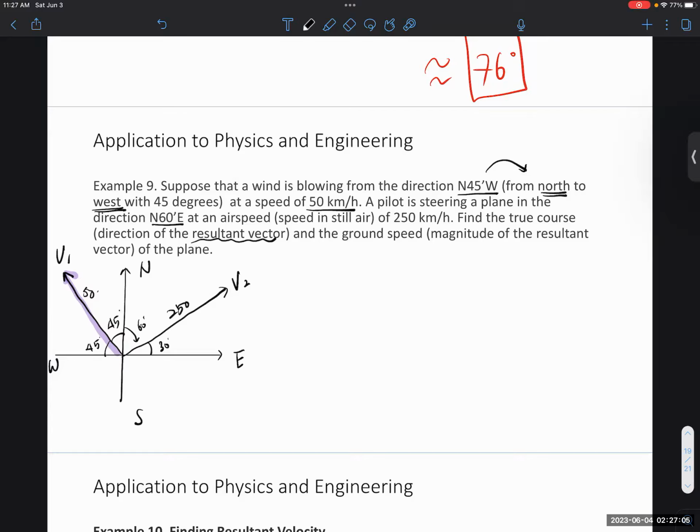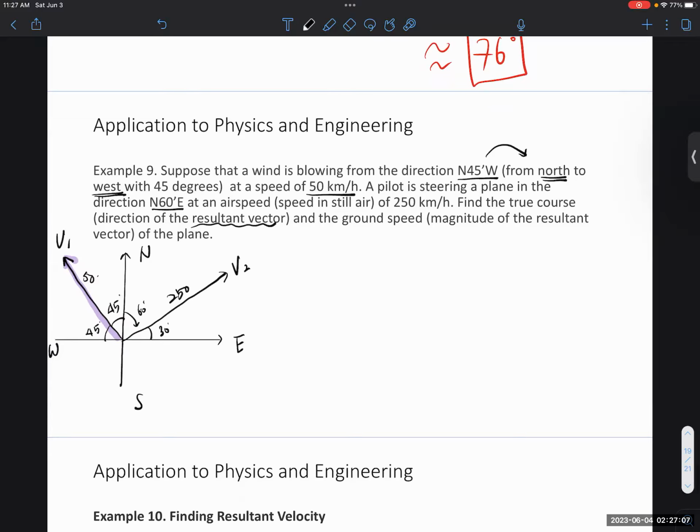You know how to do it. You can find vector 1 and vector 2. Vector 1 is 50 times cosine, and be careful: this is negative 45 degrees, but this is the positive 45. You can start from here, so this location is the same as 90 plus 45.